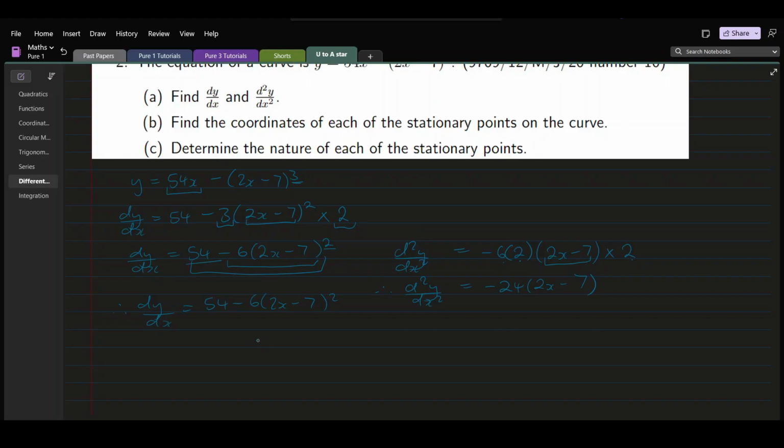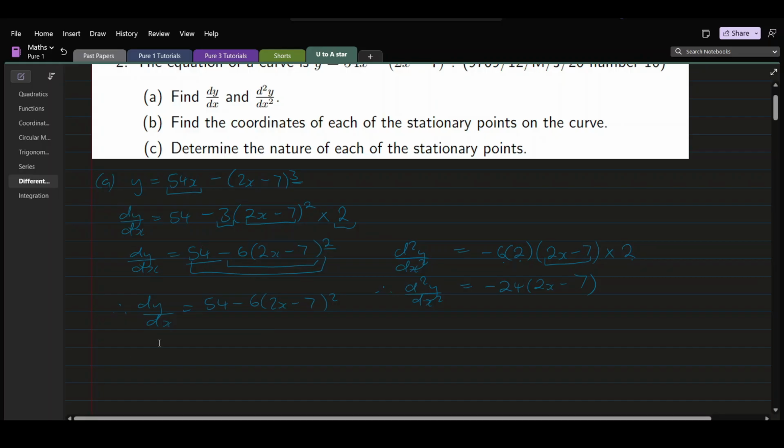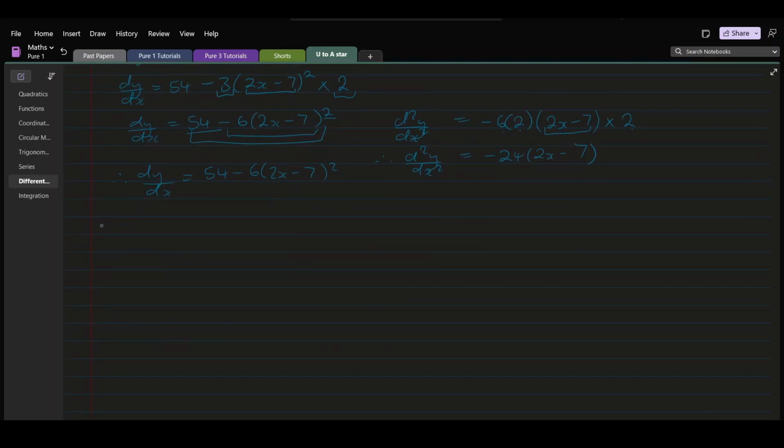Part B, find the coordinates of each of the stationary points on the curve. Okay, so this was part A. Now we're going on to part B. So we want the coordinates of the stationary points. To do that, we're going to equate dy/dx to 0.